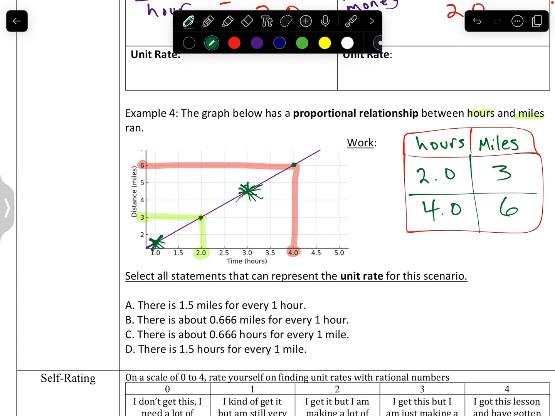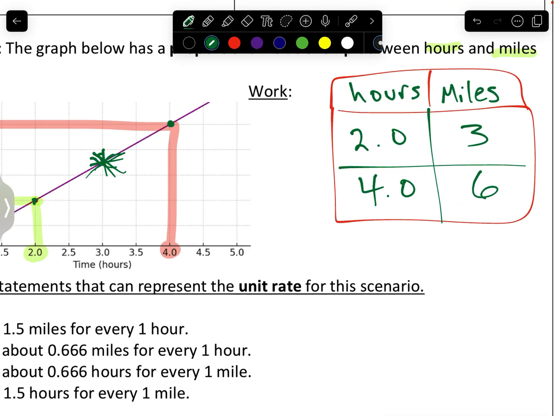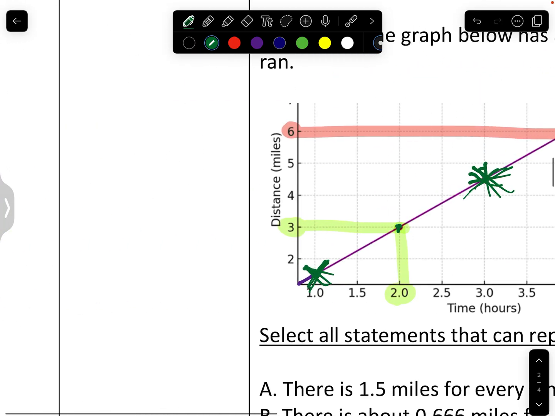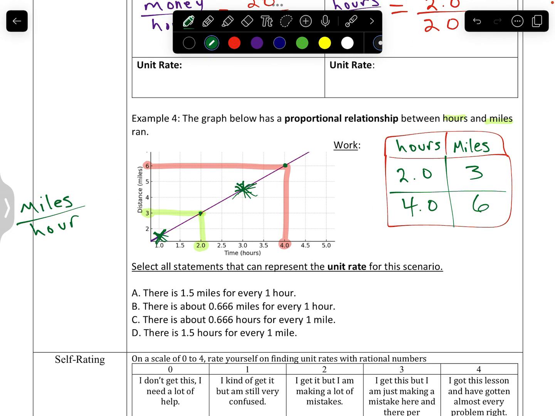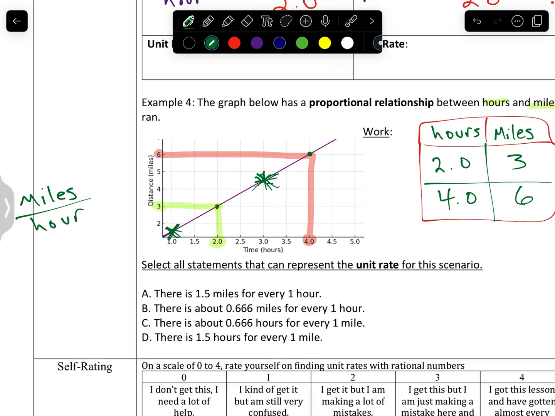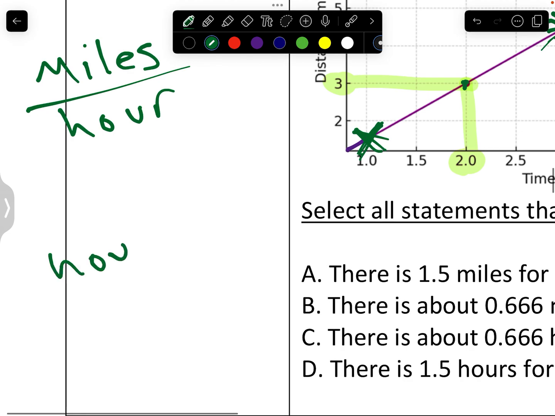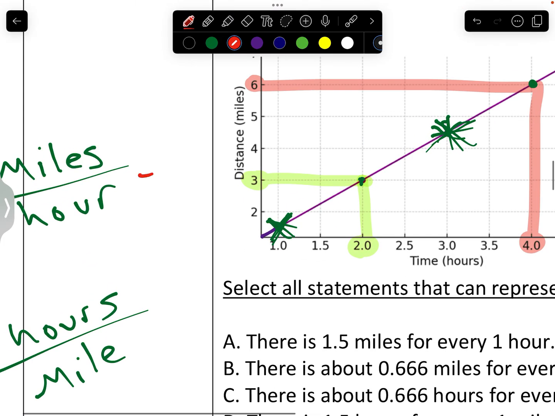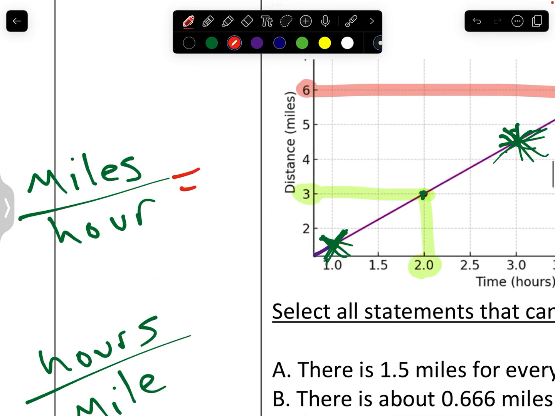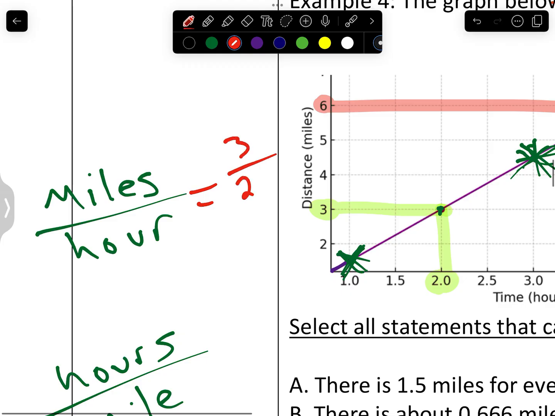Now, there's two answers here. It says select all statements. There's more than one. And the reason why is because what you guys usually hear is miles per hour, right? But that's not the only unit rate. Even though we don't use the other one, there's multiple. So miles per hour and hours per mile. Now, if we were to throw this in, let's use a 3 here and a 2.0 here.